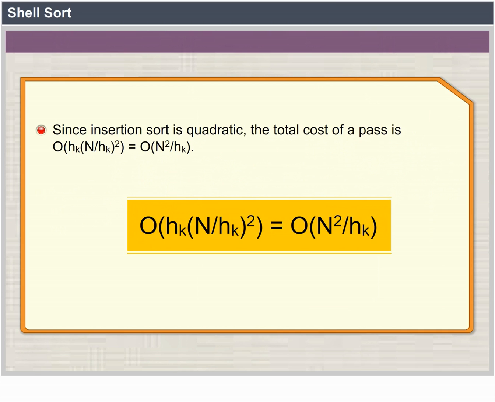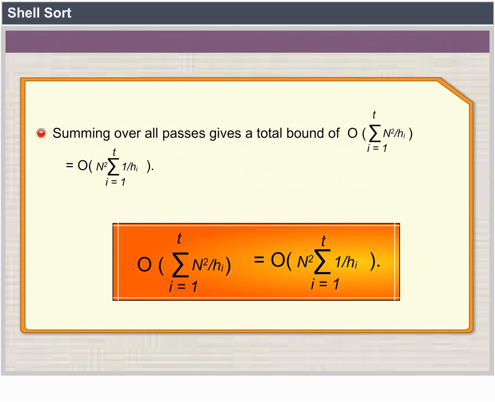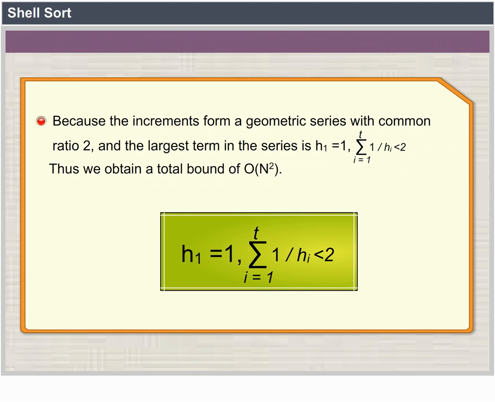Summing over all passes gives a total bound of O(summation i equals 1 to t of n²/hi), which equals O(n² · summation i equals 1 to t of 1/hi). Because the increments form a geometric series with common ratio 2 and the largest term in the series is 1/h1 equals 1, the summation of 1/hi for i equals 1 to t is less than 2. Thus, we obtain a total bound of O(n²).